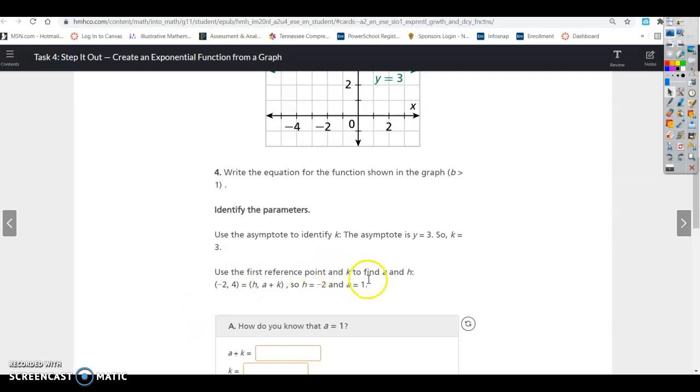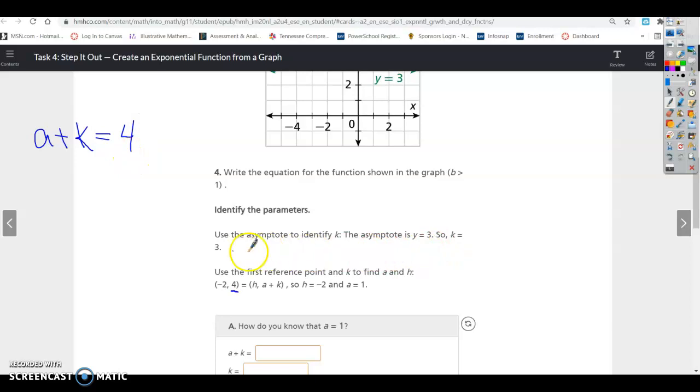Use the first reference point and k to find a and h. Remember from the last task, your reference point was h, a plus k. So you can set these equal to that. So h equals -2. That's straightforward. And then a plus k equals 4, my y value.